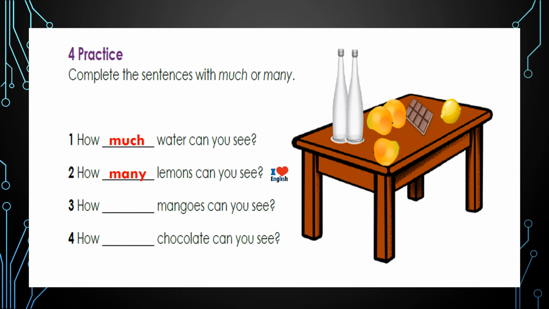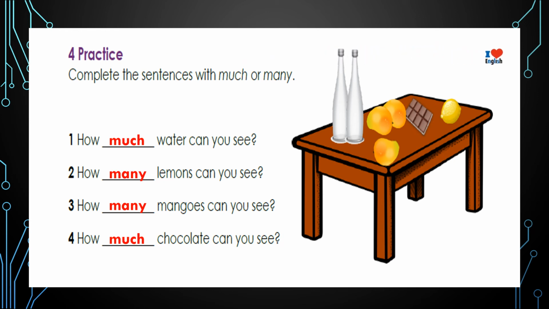How many lemons can you see? I can see 1 lemon. How many mangoes can you see? I can see 3 mangoes. How much chocolate can you see? I can see 1 bar of chocolate.